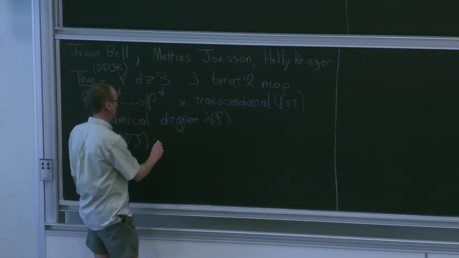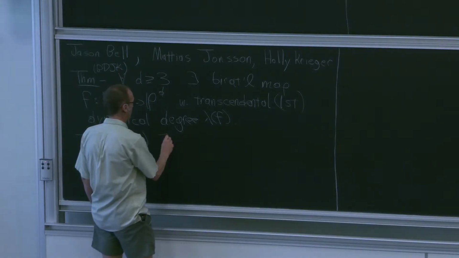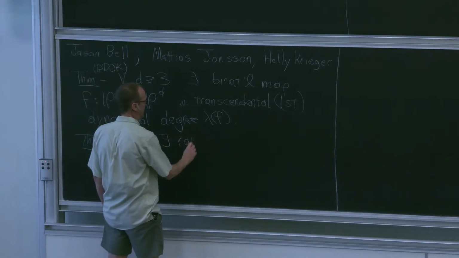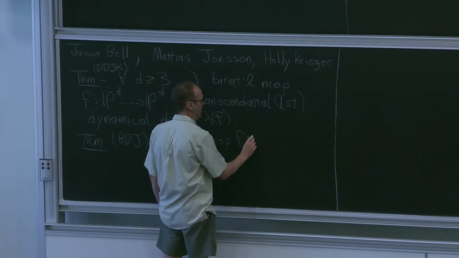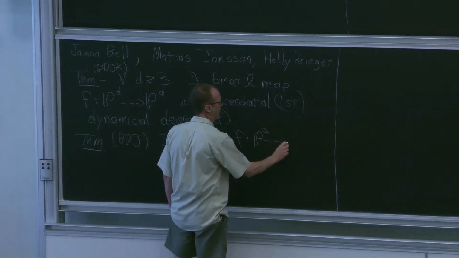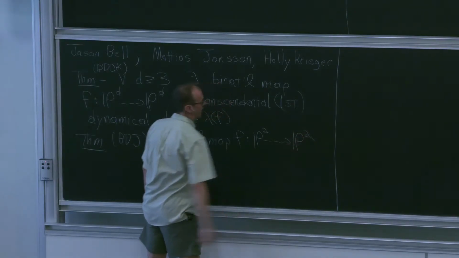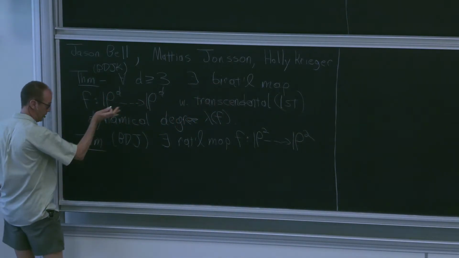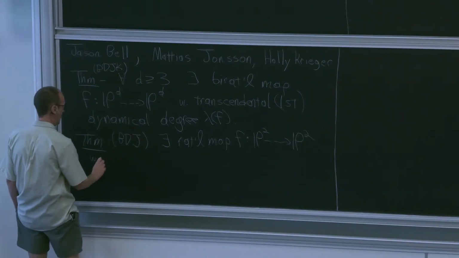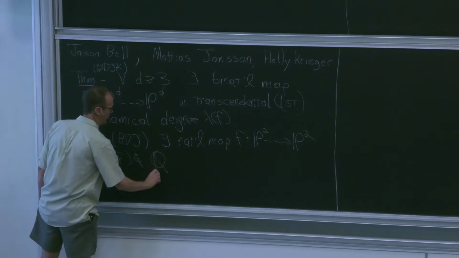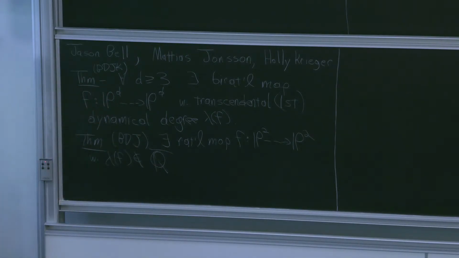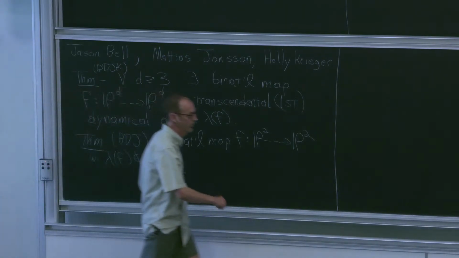Bell, Jonsson, and I proved this theorem: there exists a rational map of two variables with the same conclusion. The first dynamical degree is transcendental, okay?